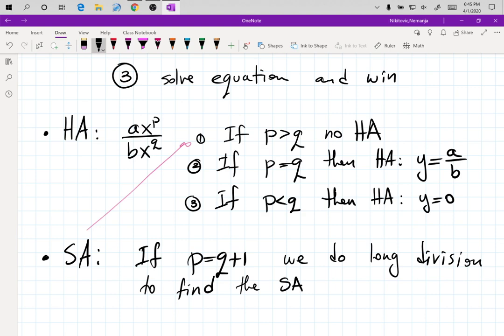Please understand that the slant asymptote is y equals mx plus b. It's a linear line. And that's the reason why they have to be exactly 1 power off.